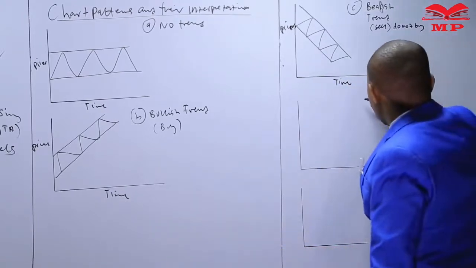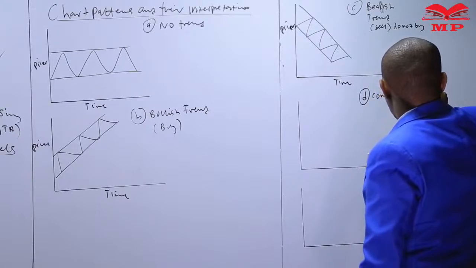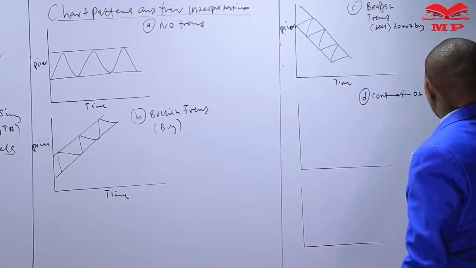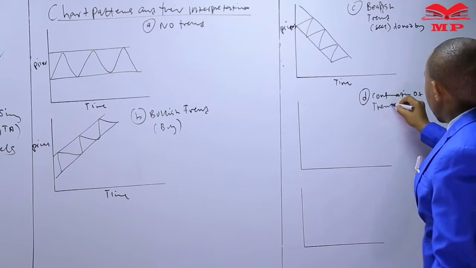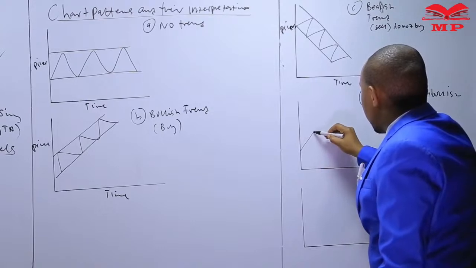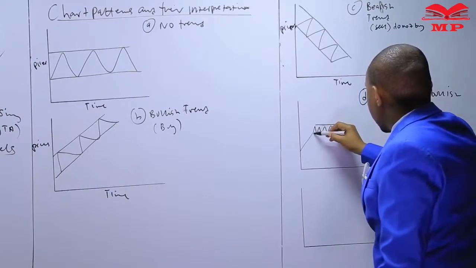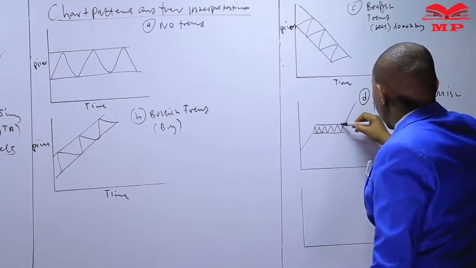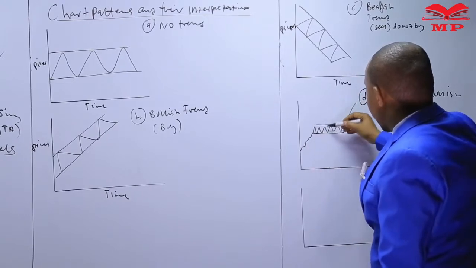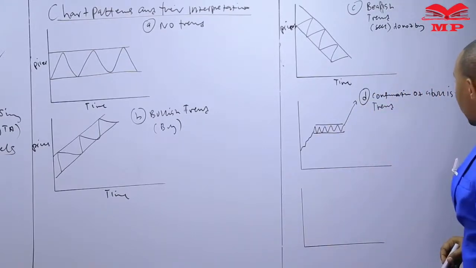So D, confirmation of a bullish trend. We have something that moves like that, then it moves up in that direction. These are the security prices. The price moves like that, then we have a channel where there is no trend, and then it moves up in that direction. That is confirmation of a bullish trend.